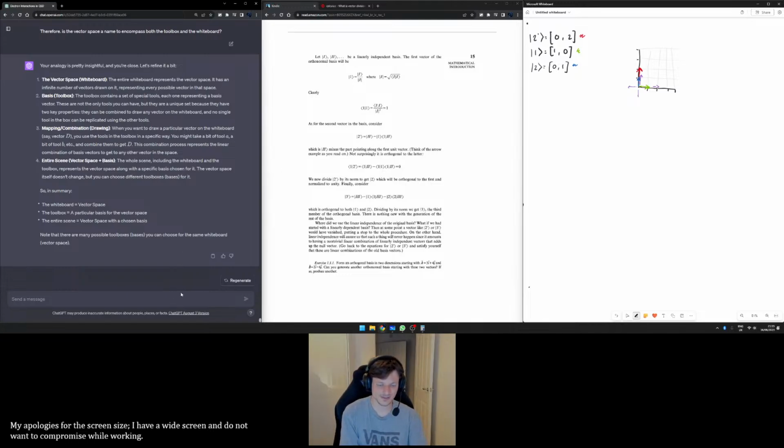Let's also clarify this. When it comes to linearly independent basis and orthonormal basis, are we referring to the separate toolboxes? Like, here's the blue toolbox, and here's the red toolbox.